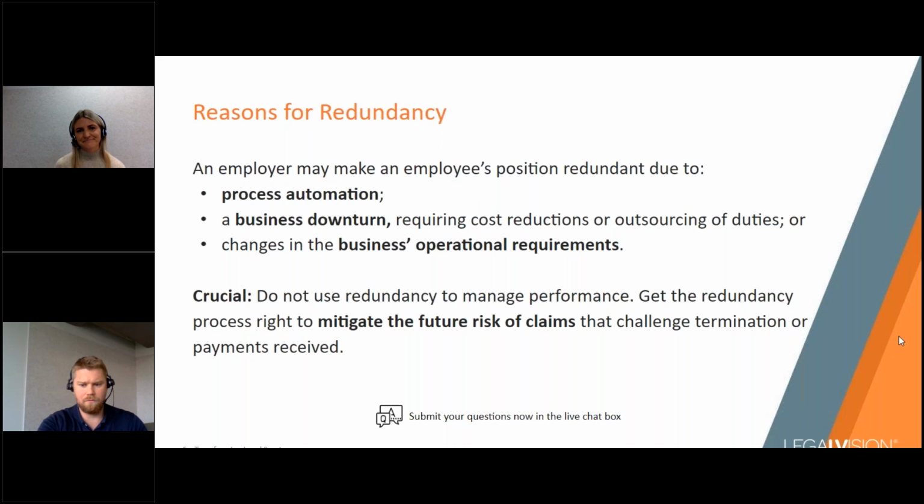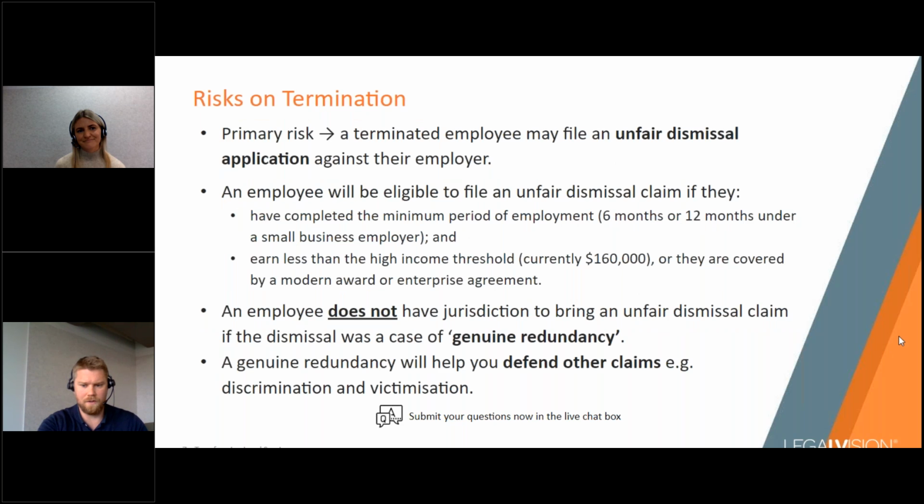So if we move on, we'll talk about the risks on termination. Now, the primary risk when you terminate someone for a redundancy is that they'll file an unfair dismissal application against the employer. Not every employee can bring that claim, and there's criteria that they have to meet in order to be able to bring the claim.